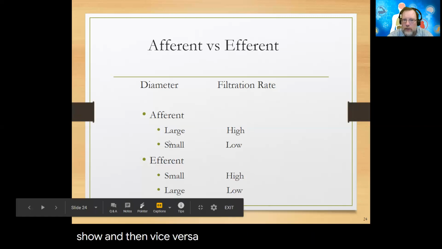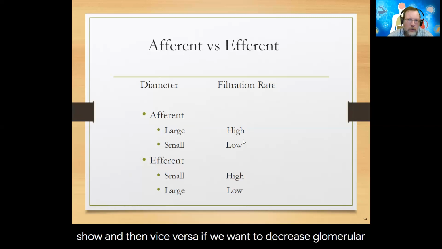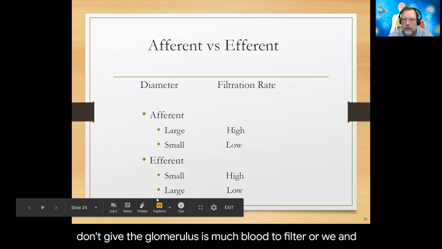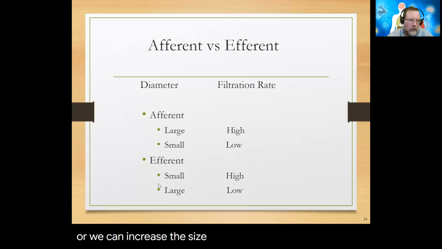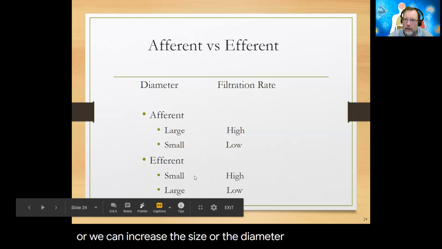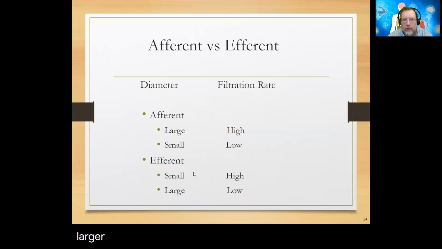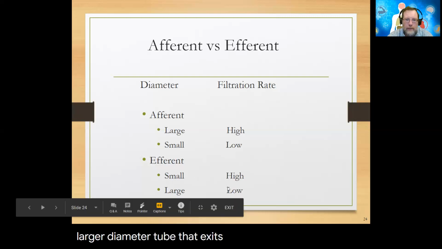And then vice versa, if we want to decrease glomerular filtration rate, we don't want as much going into the glomerulus. We just shrink the diameter. Don't give the glomerulus as much blood to filter. Or we can increase the diameter of the efferent arteriole, just open that up so any blood that's in the glomerulus is allowed to leave because there's a much larger diameter tube that exits the glomerulus.